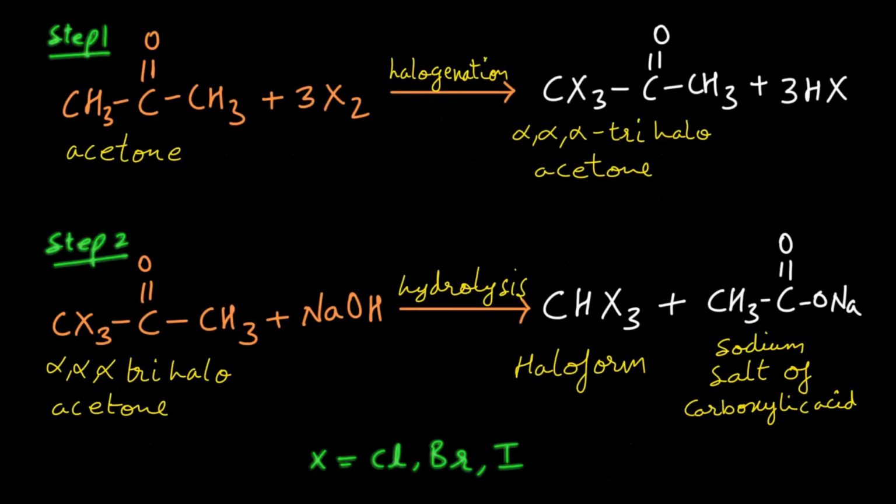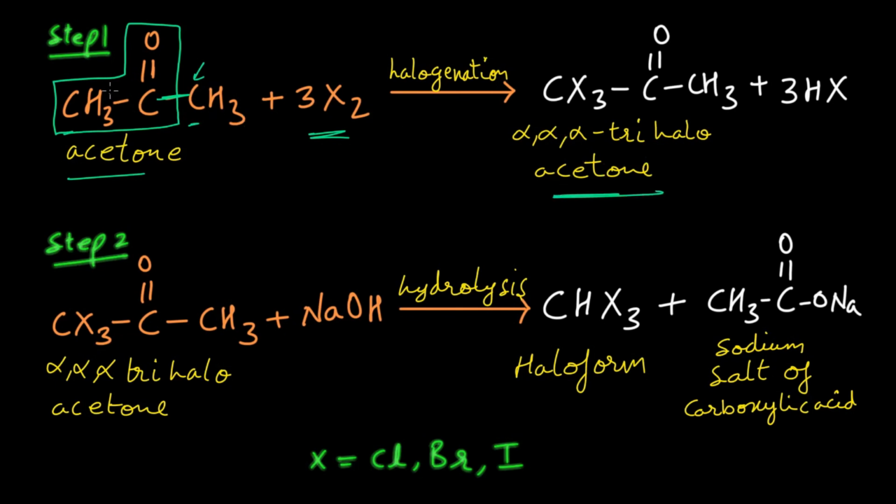Now again take a look at the reaction. It is the same, but this time the reactant is acetone. In the previous part we had acetaldehyde, this one is a ketone. Again our first condition is that the group should have CH3CO. So this is our group and this carbon is attached with carbon. In the previous case hydrogen was there, now carbon is there. When this acetone is treated with excess of halogen, what you are going to get is trihaloacetone.